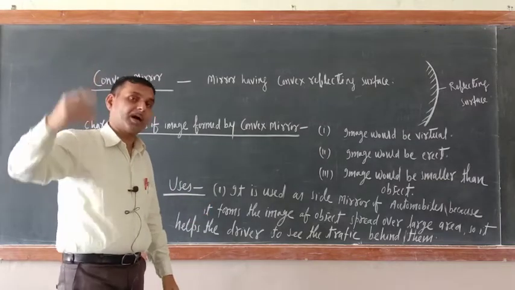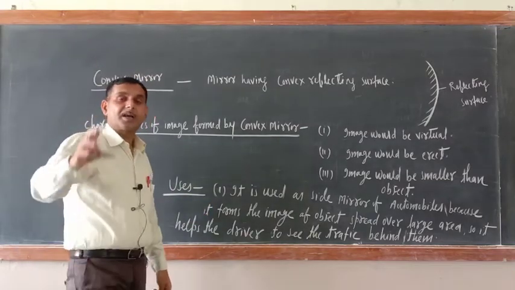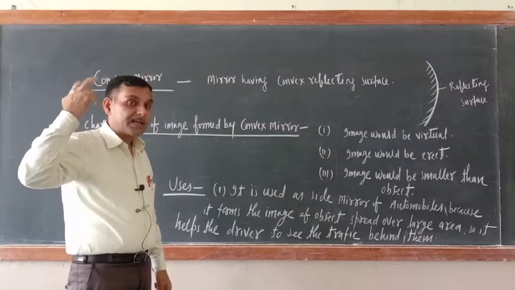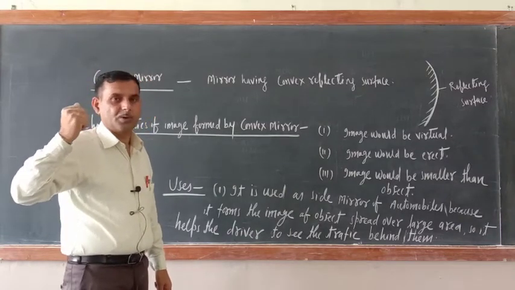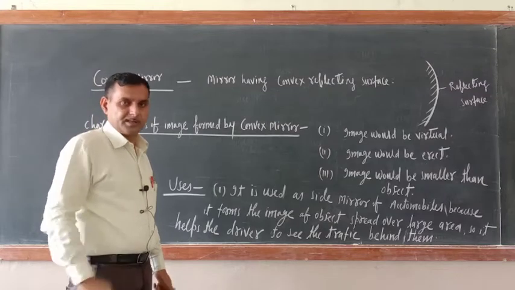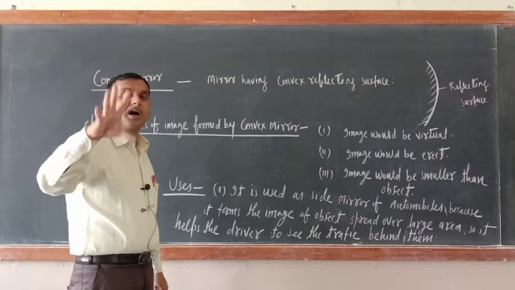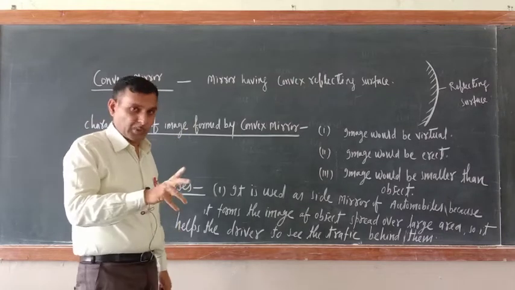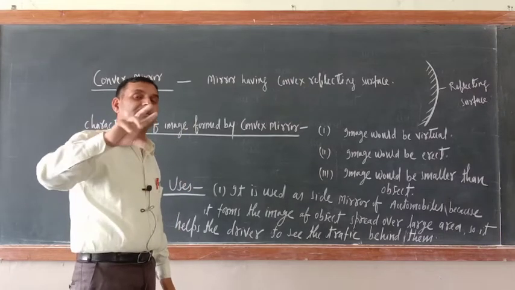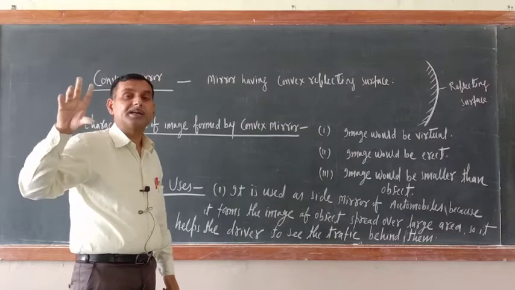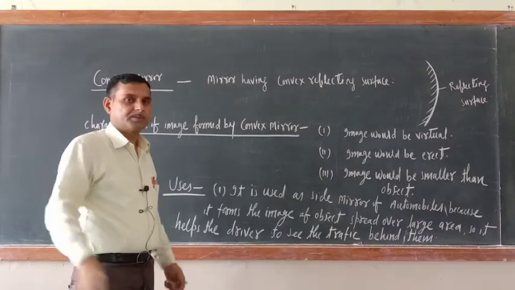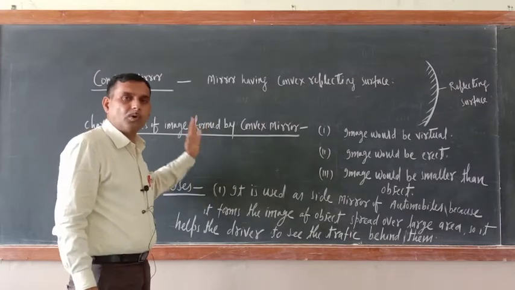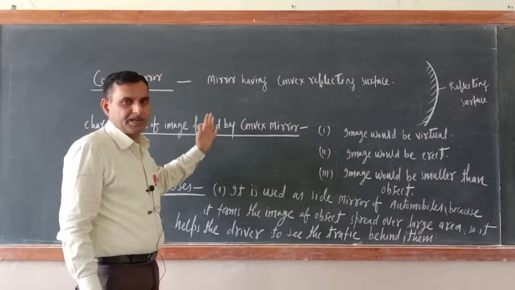In the case of the concave mirror, it was used to examine the eyes, ears and teeth. But here the image is spread over a large area, which helps the driver identify the traffic behind. In this way, both the concave and convex mirrors are completed.